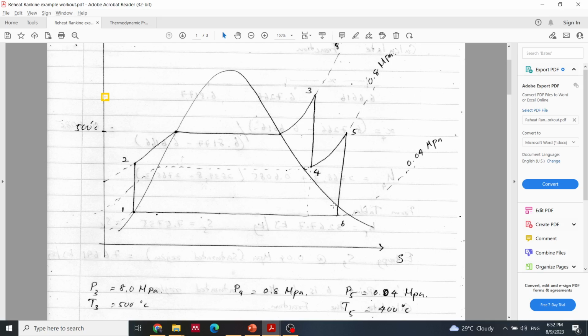The first turbine, the high pressure turbine, gives a portion of the work out, and the low pressure turbine also gives some part of the work out. Then 1 to 2 is the pump action, where we give work in. So 3 to 4 and 5 to 6 are work out, and 1 to 2 is work in.